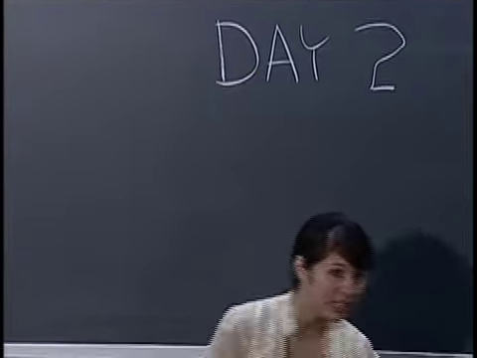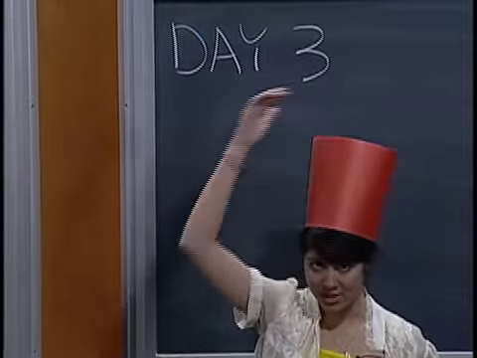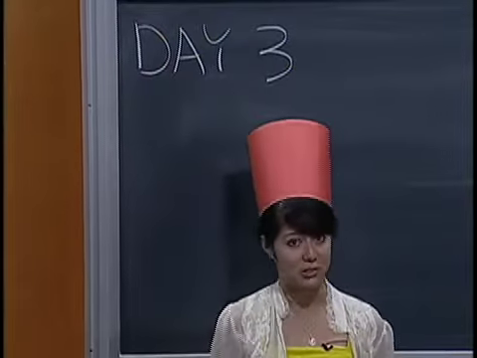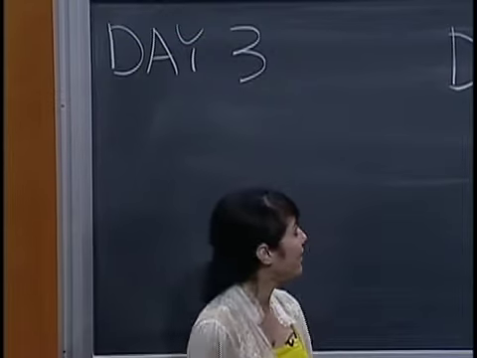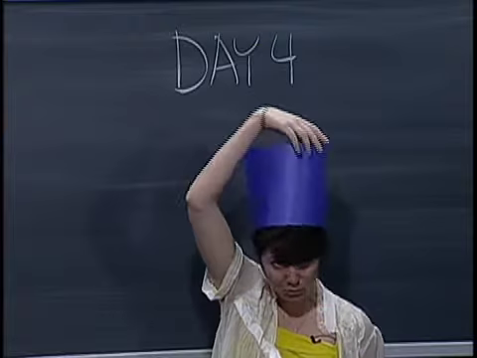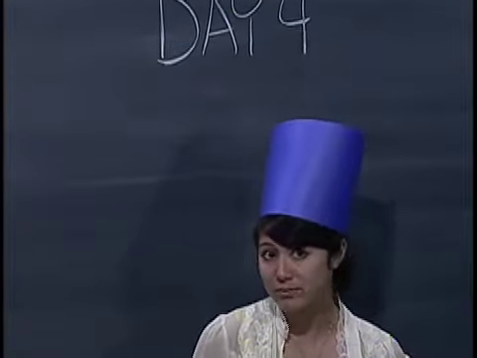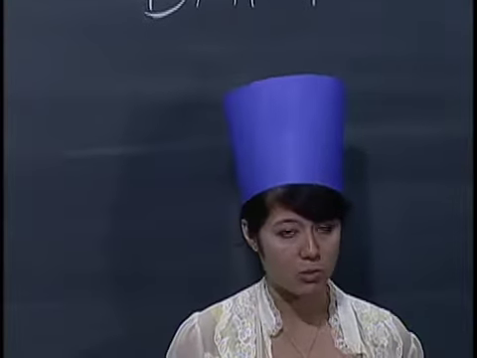And on day 3, I would wear this red hat and be an infected and infectious person. And then on day 4, I would wear this blue hat, wonderful blue color, and be recovered and immune from now on. Though it is possible that any of you could remain in the green or susceptible state throughout this whole game.